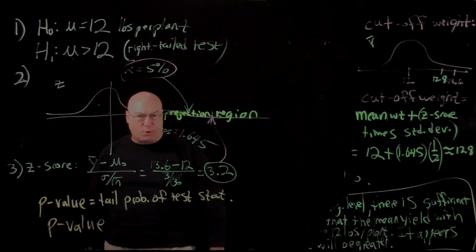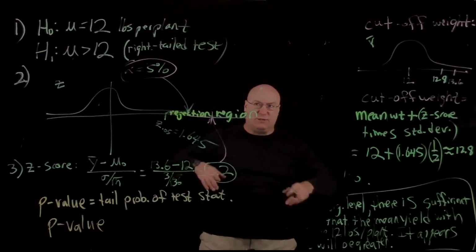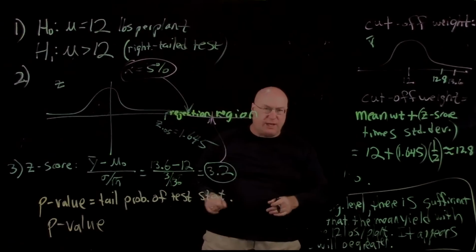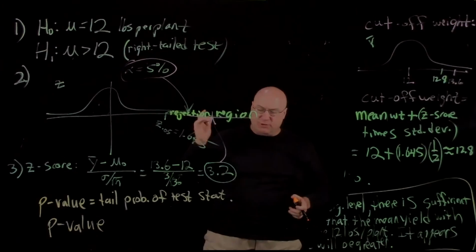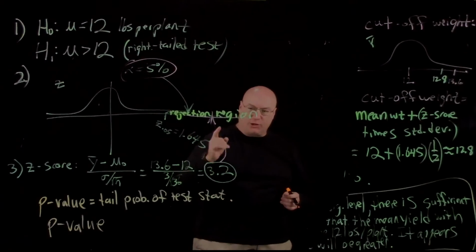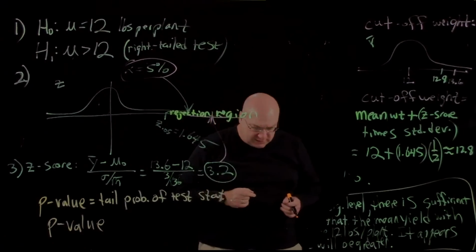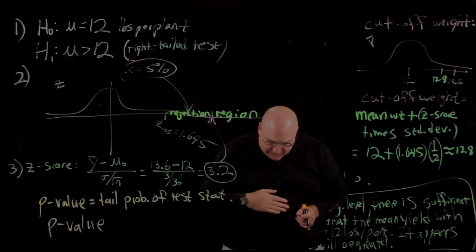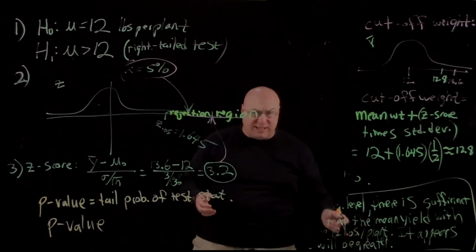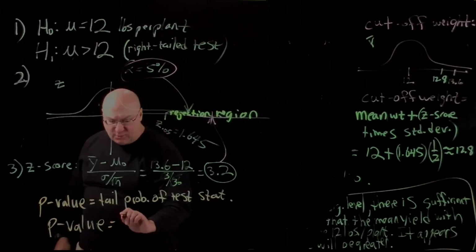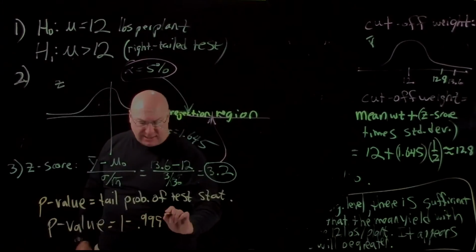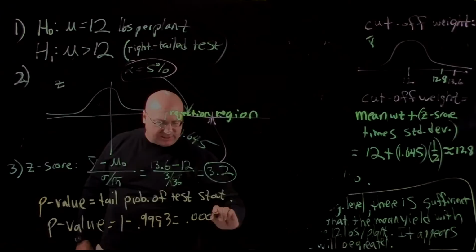I go find 3.2. I'm not getting out the tables and going through that, because you should be able to do that now. I'm just telling you, you go in, find 3.2 in z-scores, and you will find that it has 0.9993 area to the left. So the p-value is 1 minus 0.9993, so it's 0.0007.